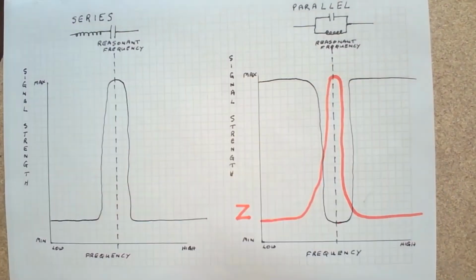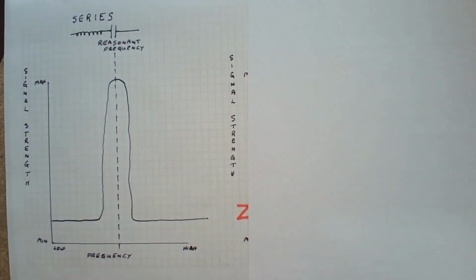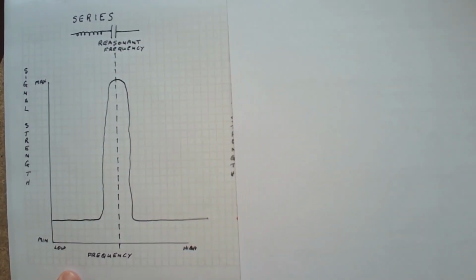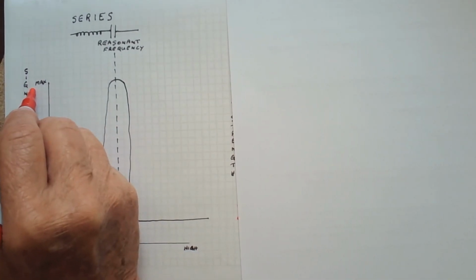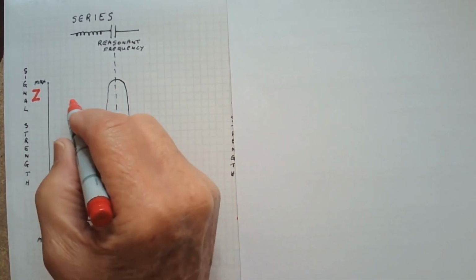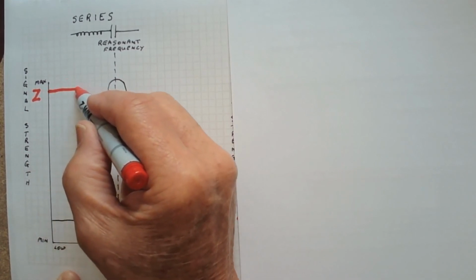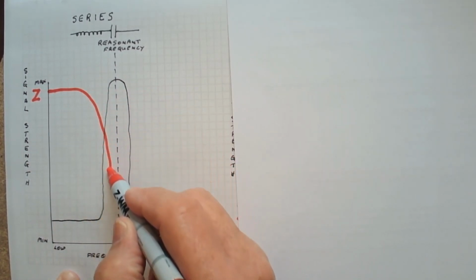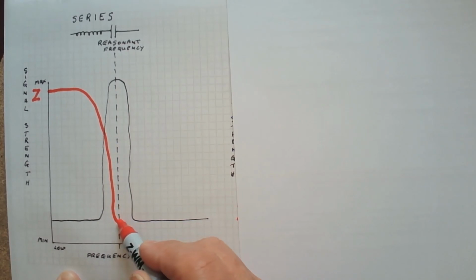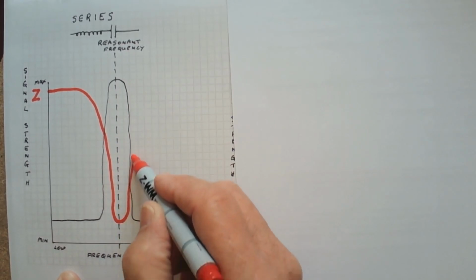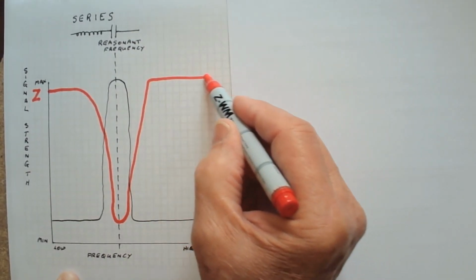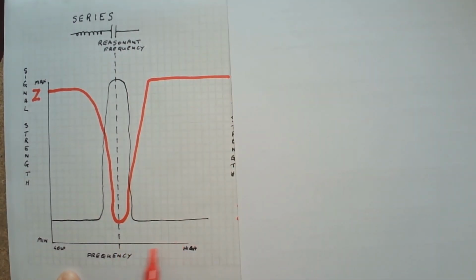And if we look at the series tuned circuit, of course exactly the opposite is the case. The impedance starts high at frequencies below the resonant frequency and drops substantially at resonance, and then increases again when you get a higher frequency than the resonant frequency.